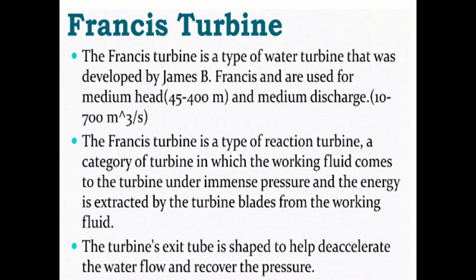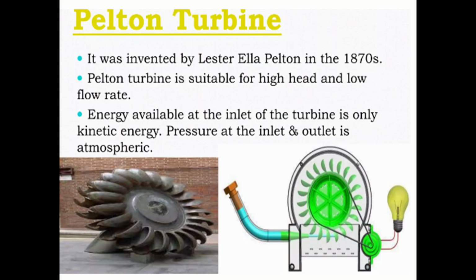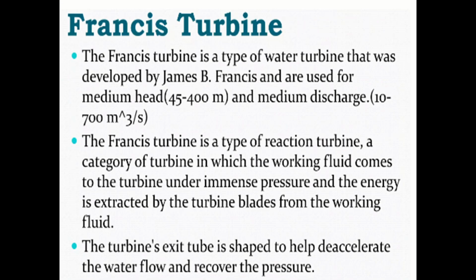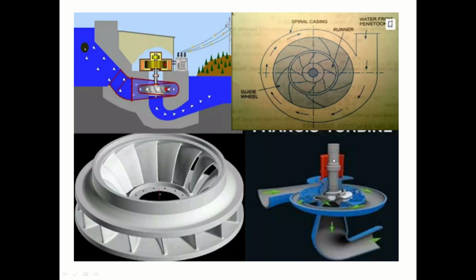If you look at the Pelton wheel, it has a horizontal shaft. The impeller is mounted on a horizontal shaft. That's why the Pelton wheel is called a horizontal shaft turbine. Whereas the Kaplan turbine and Francis turbine both have a vertical shaft, to which the impeller is connected.